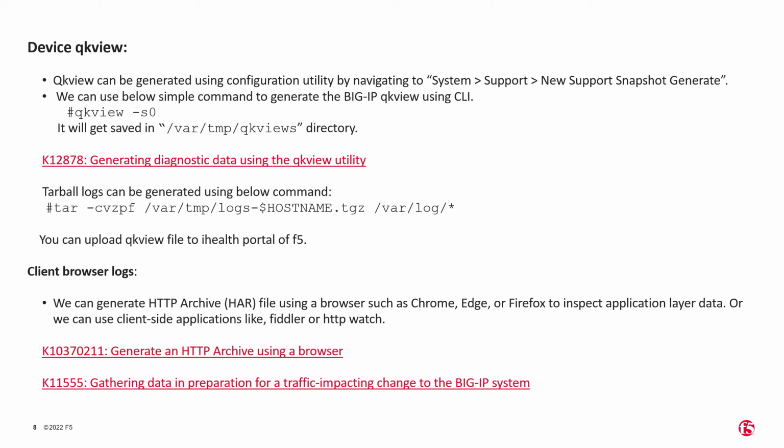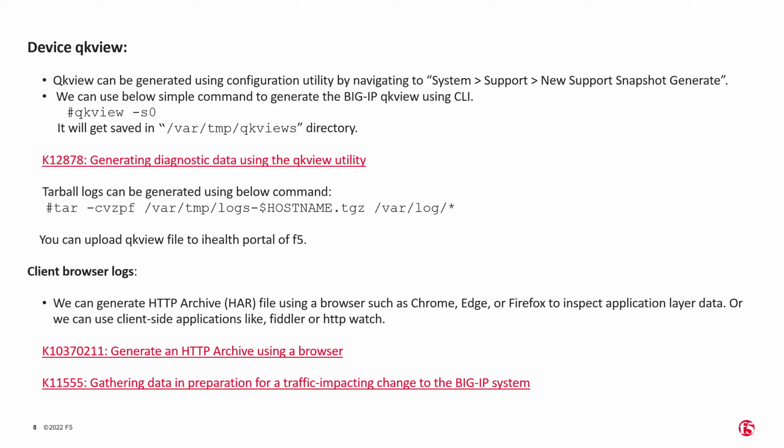So apart from the device QKView and the packet captures, based on the situation, we may also ask you to upload the client browser logs. Client browser logs are HAR, HTTP Archive files. Normally we call them developer tool logs. You can press F12, and the detailed procedure on how to collect is given in the article.